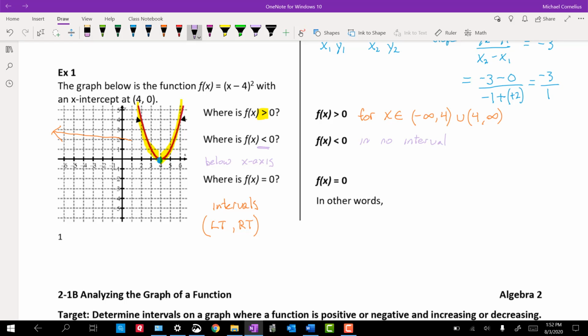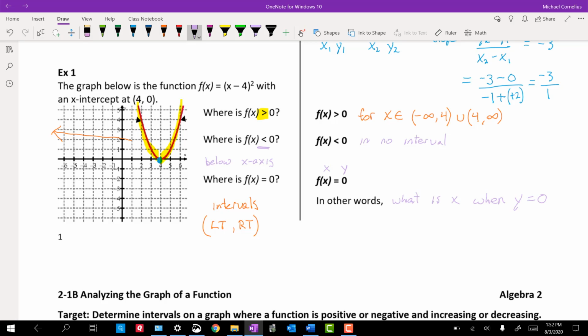And then where is f of x equal to 0? We talked about this notation in one of our previous warm-ups. If this is x, they want to know what's the value of x where the y value is 0. What is x when y equals 0?